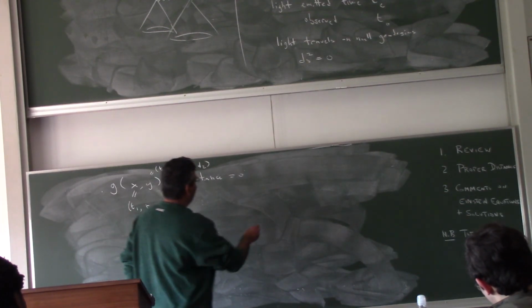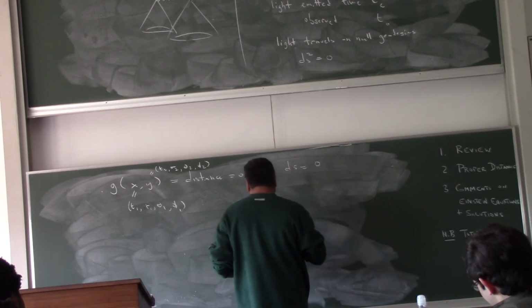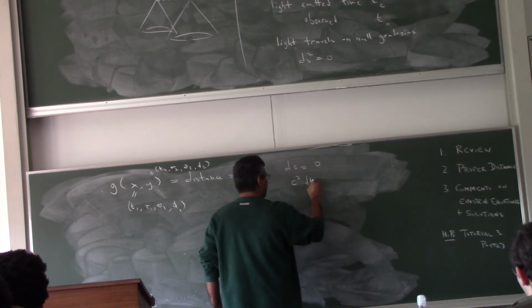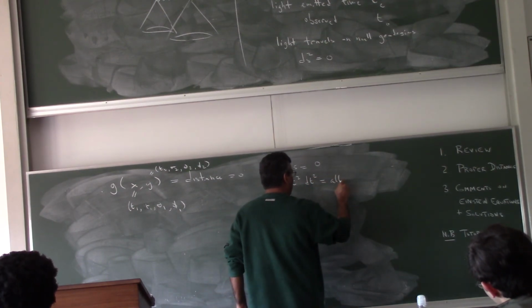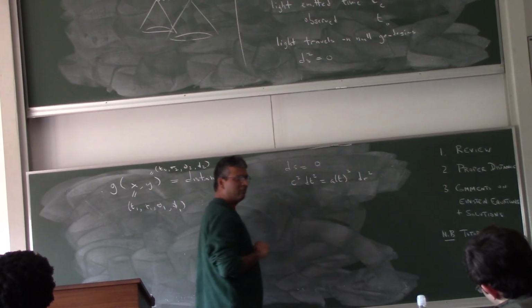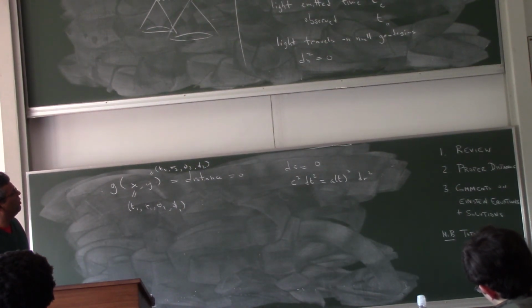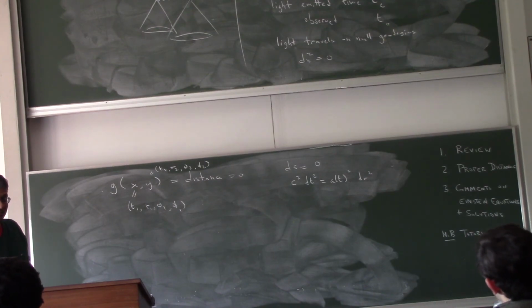So, if ds equals 0, then we have c squared dt squared equals a of t squared dr squared. We know the angles are the same, so theta and phi aren't changing.